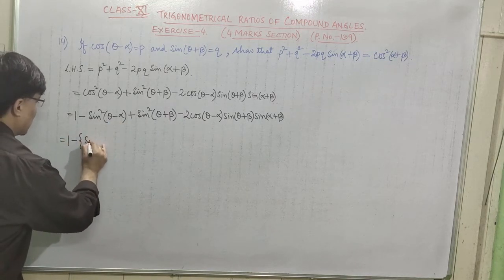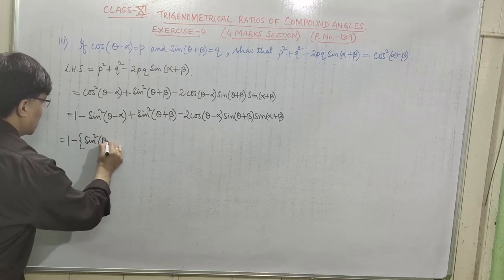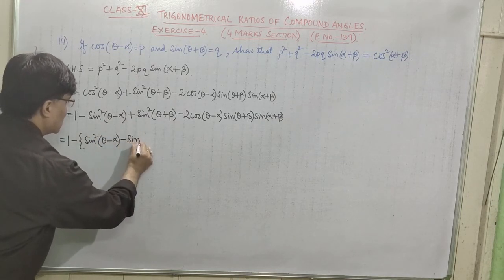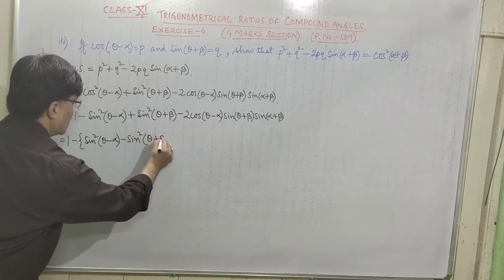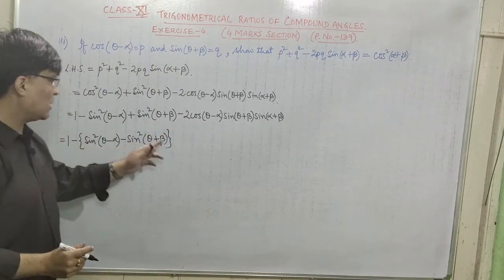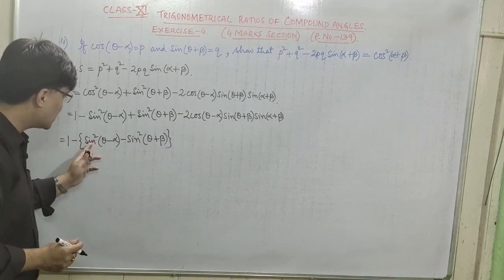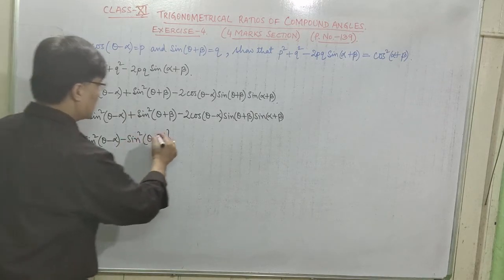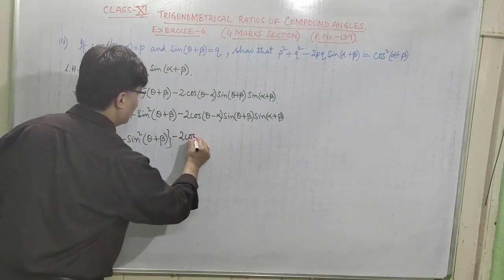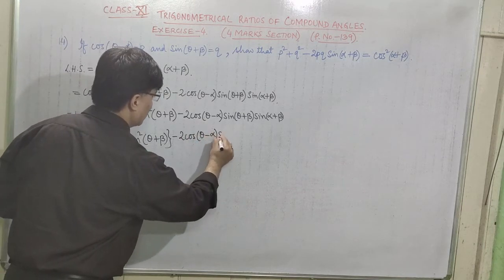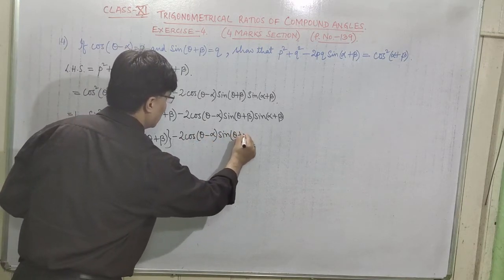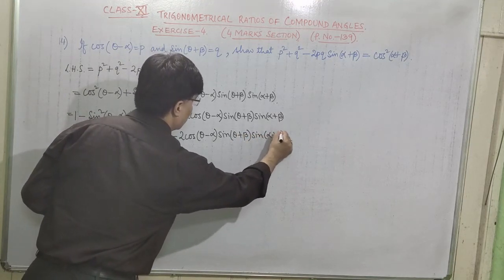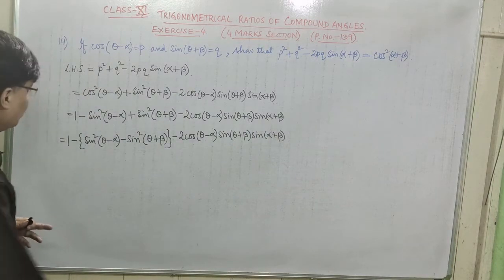Minus within second bracket, it is sine square theta minus alpha, minus into plus, minus sine square theta plus beta. So let us keep it within bracket. This is the formula sine square A minus sine square B. You can use this formula in this, isn't it? So next, minus 2 cos of theta minus alpha, sine of theta plus beta, and sine of alpha plus beta. Is that clear?